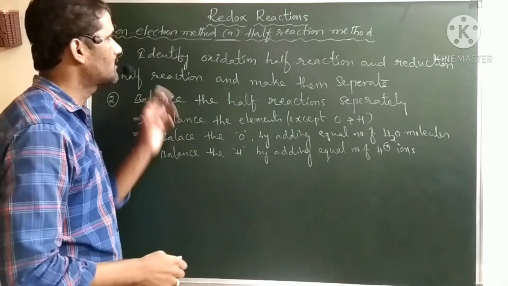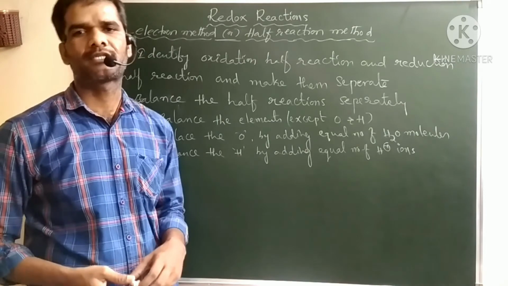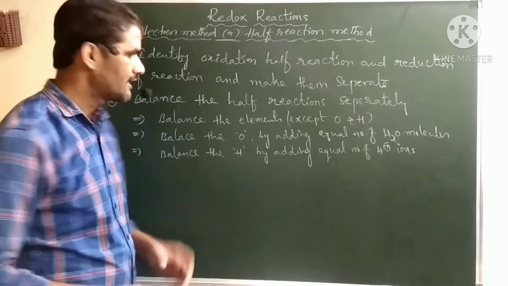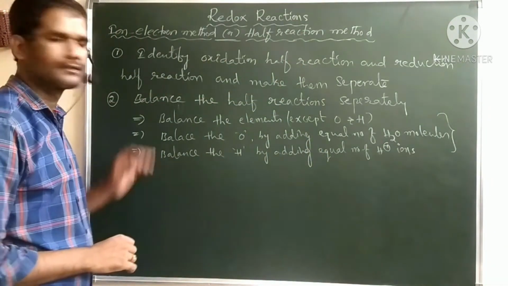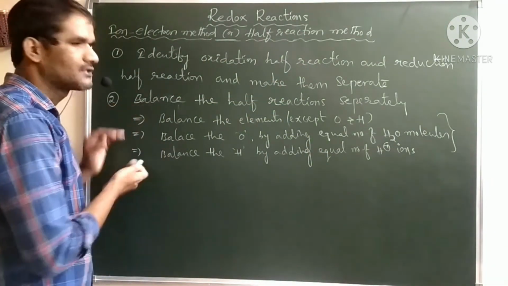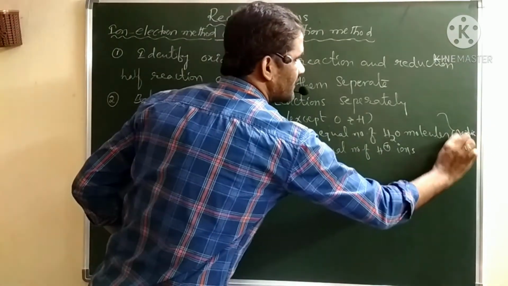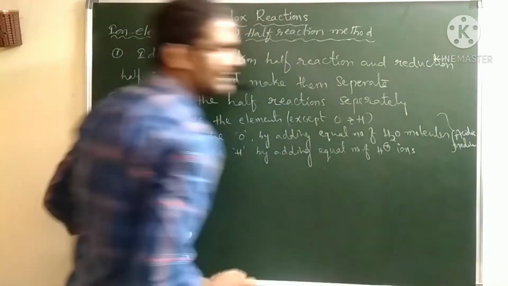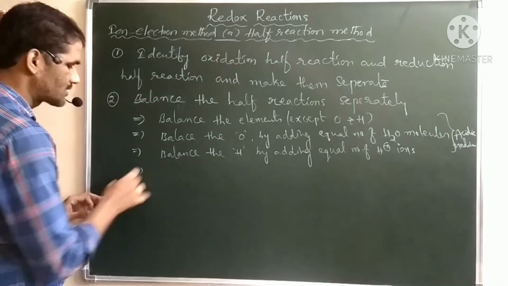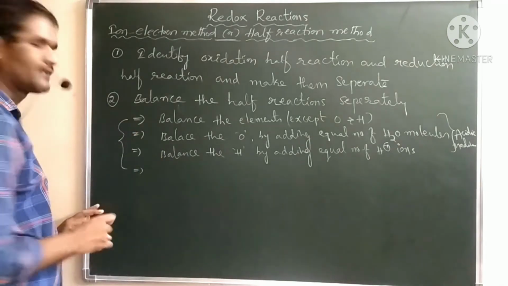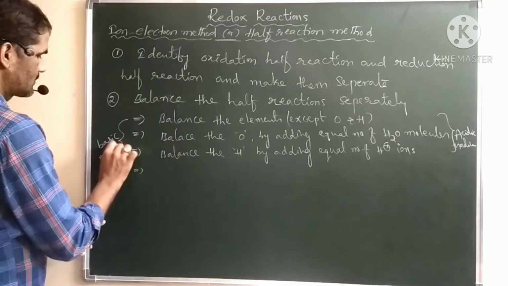Again, here also they may ask to balance this redox reaction in acidic medium or basic medium. Both mediums are involved. If it is in acidic medium, these first three steps are required. If they ask to balance in basic medium, then we have to add an extra step, so these four steps are for basic medium.